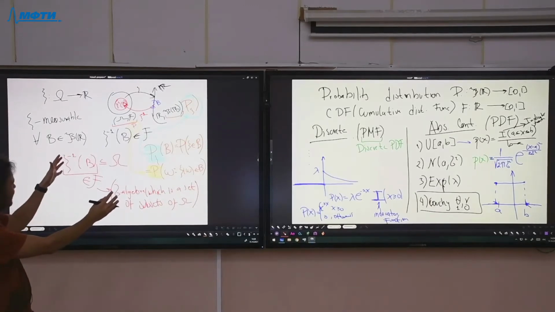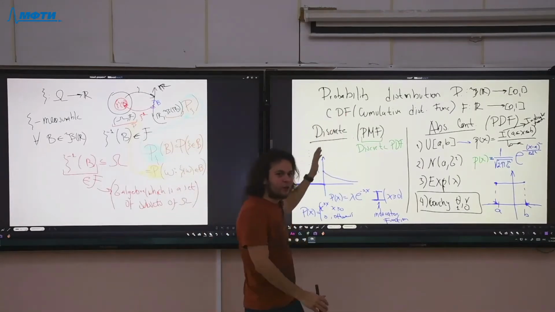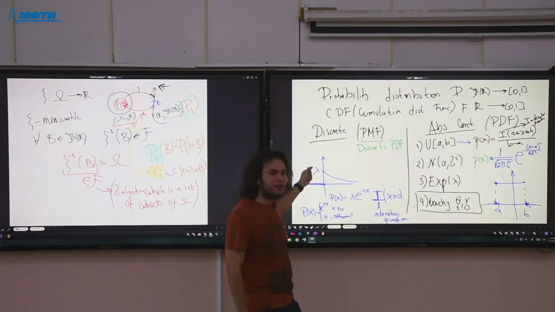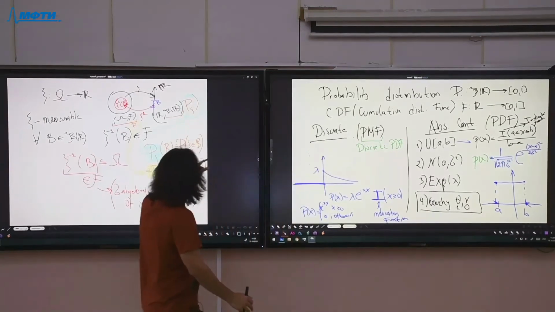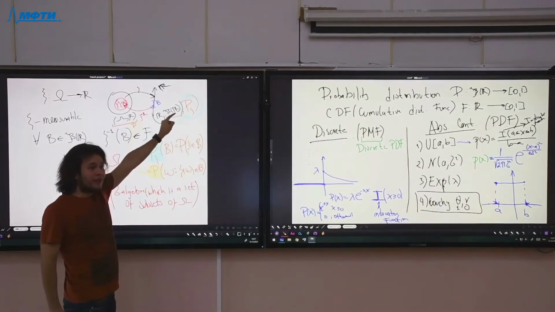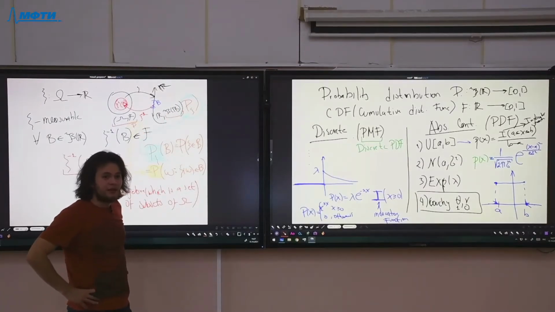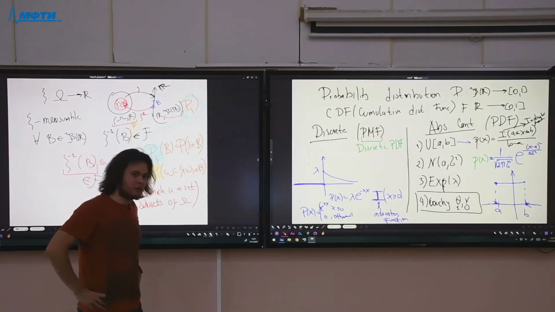Great. Now, look, we've been talking about probability distribution. We didn't have the word xi, the word random variable here, right? But now we can see that since this is a probability distribution, every probability distribution is generated by some xi. So now we can talk about the probability distribution of a random variable.